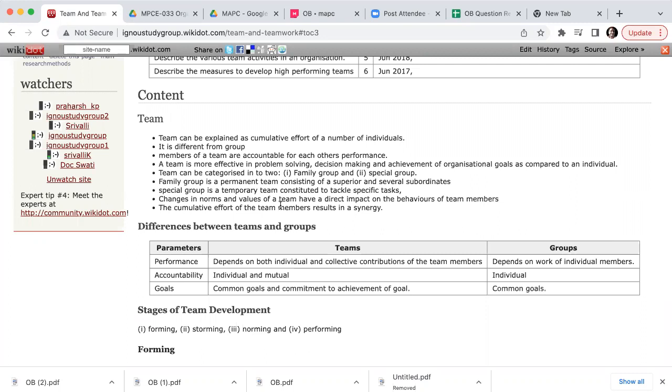It is a set of individuals or members who are part of this particular team. There can be two types of teams: family group and special group.